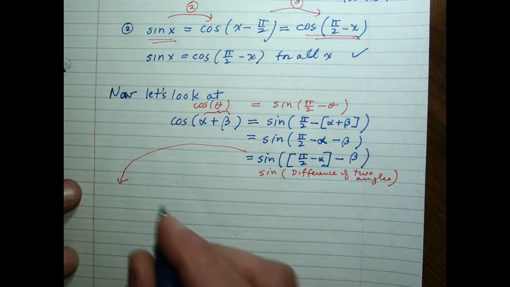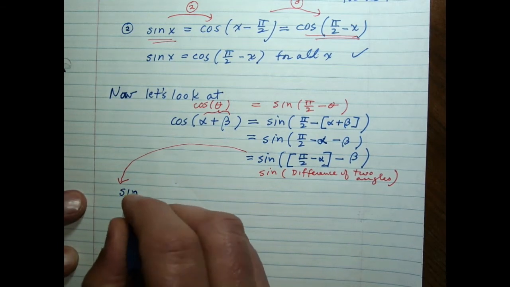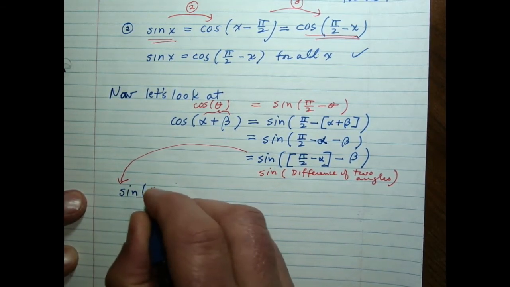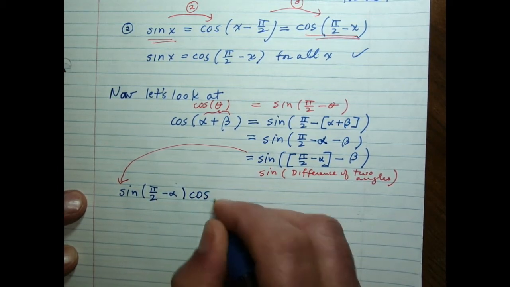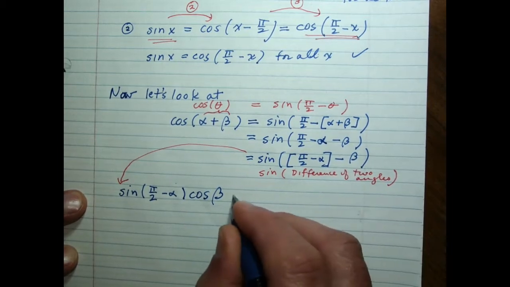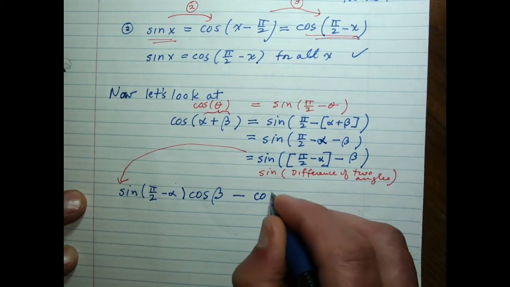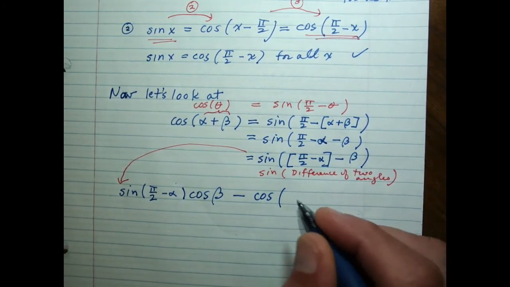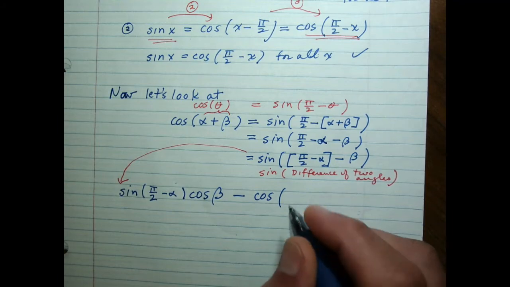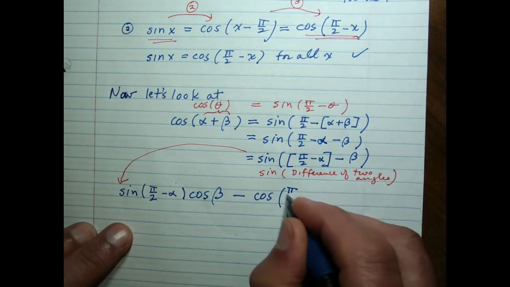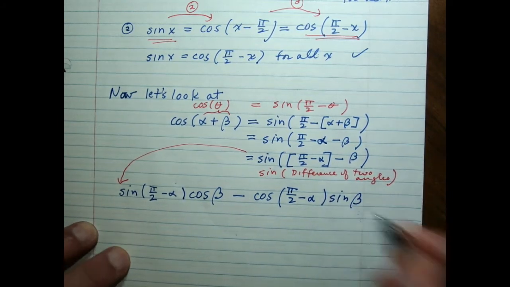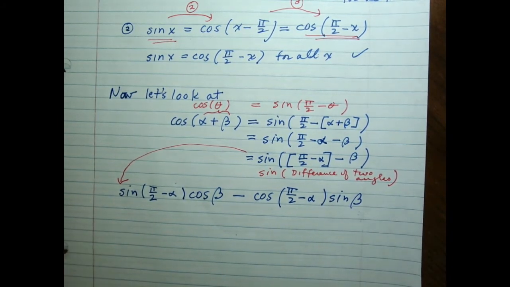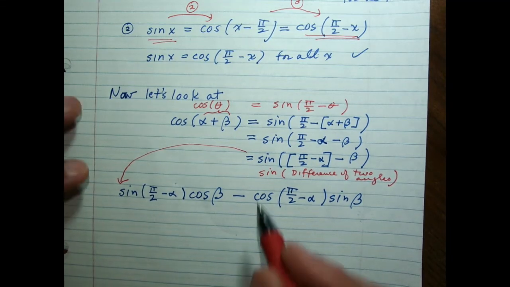So what I'm going to get is sine of pi over 2 minus alpha, that's the first. Cosine of the second is cosine beta, minus cosine of pi over 2 minus alpha, sine of beta. So that's an application of the sine of the difference of two angles identity.